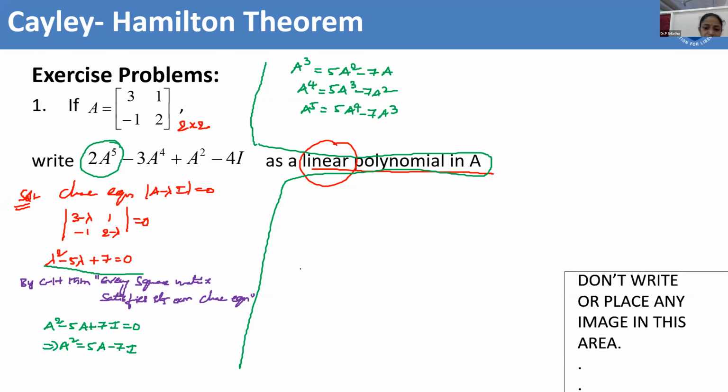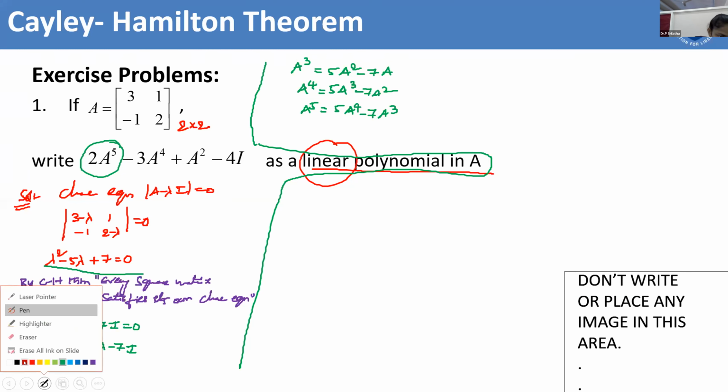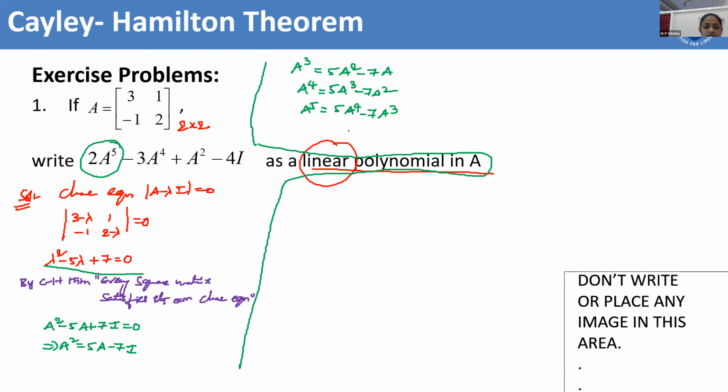Now we have to take the polynomial: 2A power 5 minus 3A power 4 plus A square minus 4I. What is the highest power here?